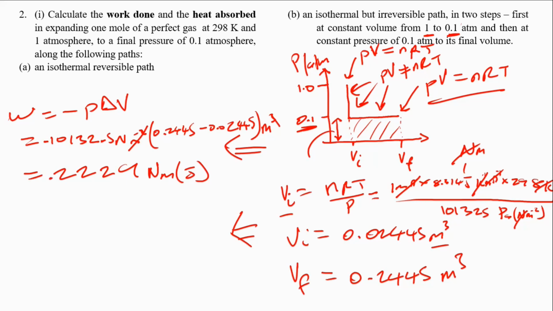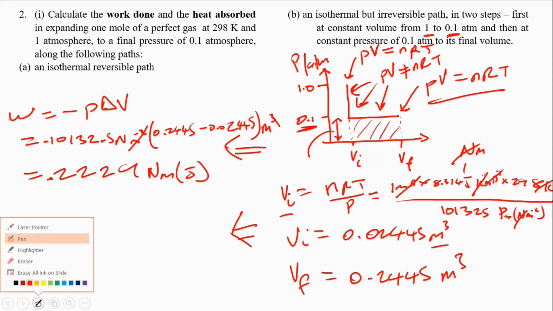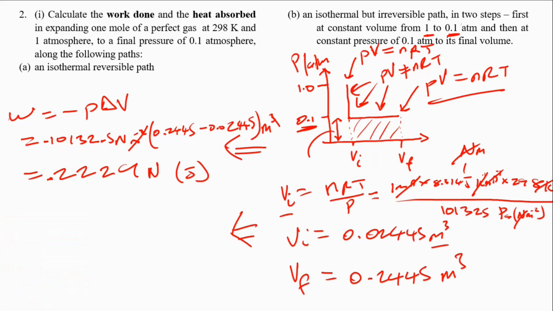Minus 2,229.6. All right. So let's just write that better. Minus 2,229, let's say 0.65 joules. And remember, you'll get newton meter, which is the same thing as joule.